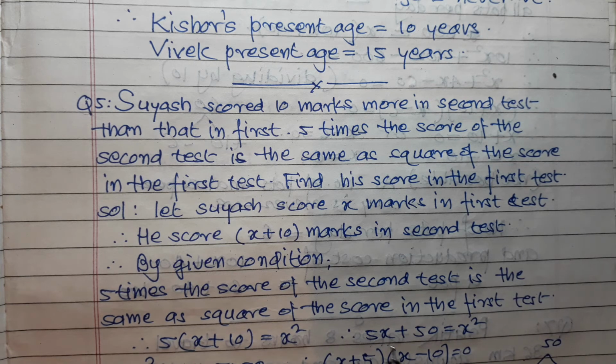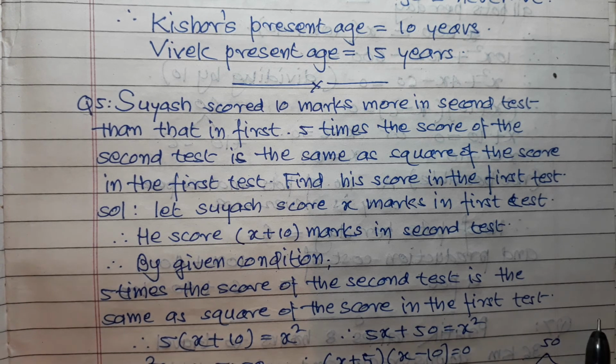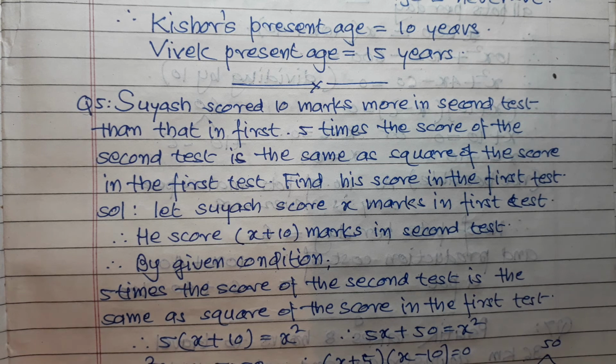Simplify this. 5x plus 50 is equal to x square. This you transfer on this side. x square minus 5x minus 50 is equal to 0. This is a quadratic equation. Solve this quadratic equation. I split up 50 such that the subtraction is equal to 5: 10 minus 5.